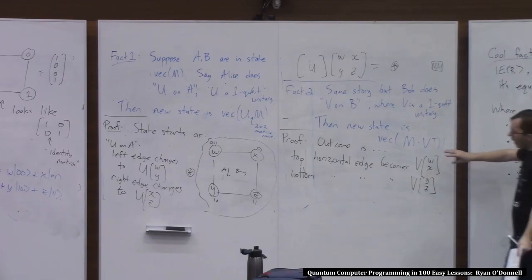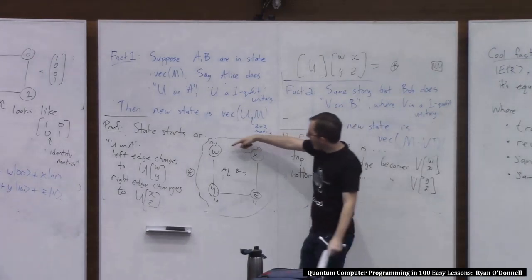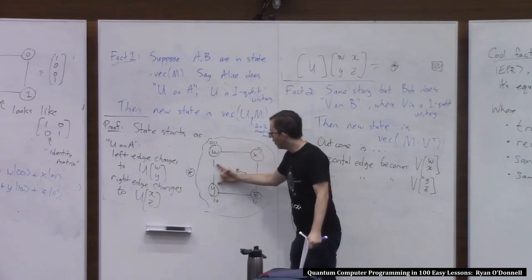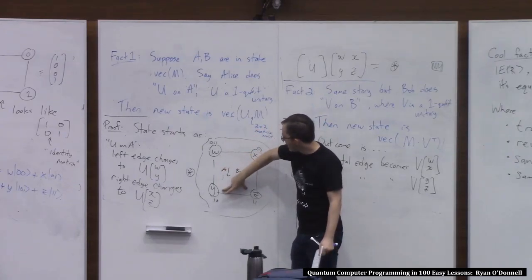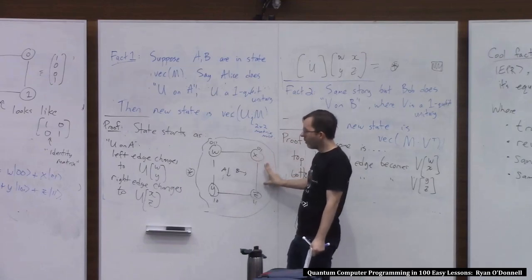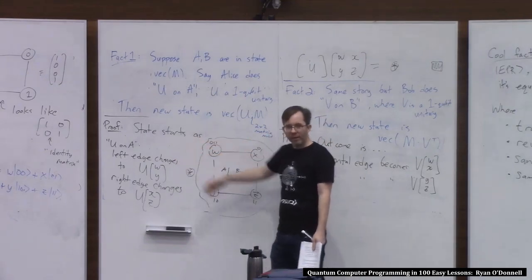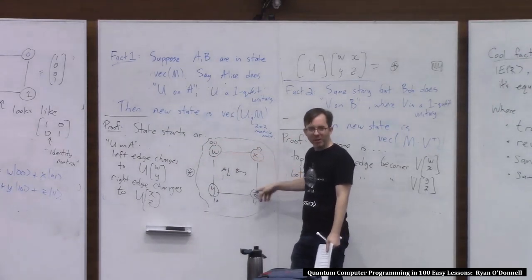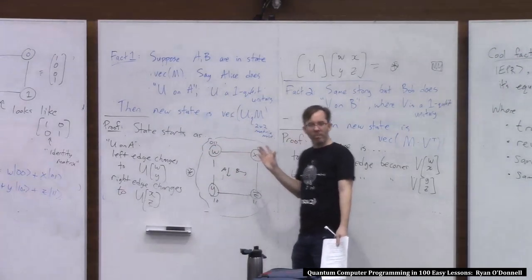So we sort of wish that we took this horizontal edge Wx and it were vertical here, and we took this Yz and it were vertical here. If that were the case, then it would be just like before, and we'd multiply on the left by V. But that's the same as transposing this picture, right? It's also the same as doing a swap operation on A and B.